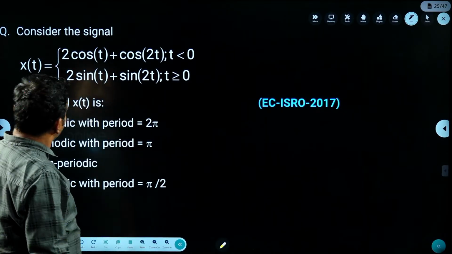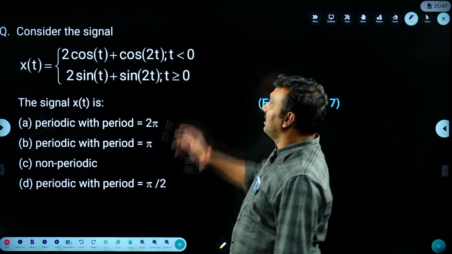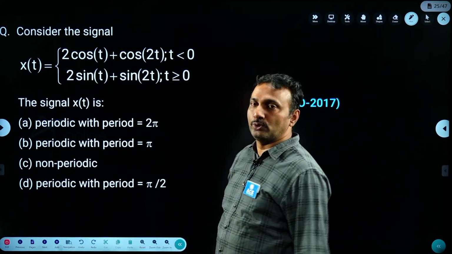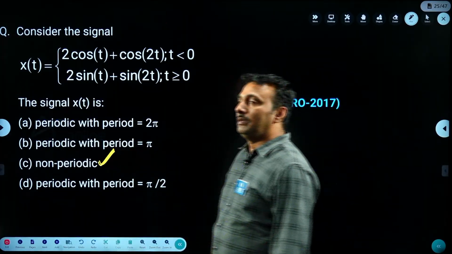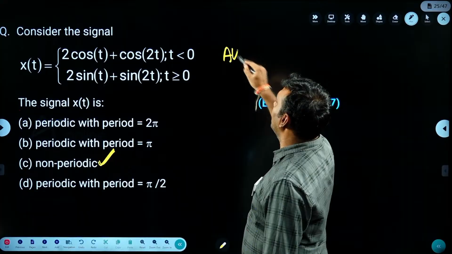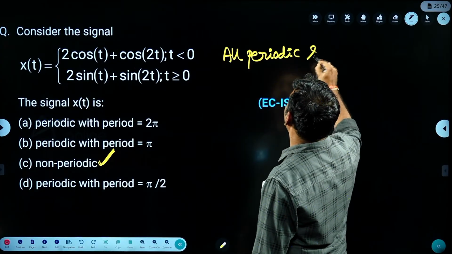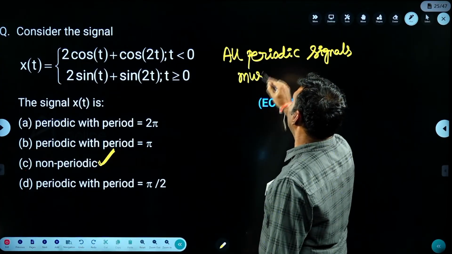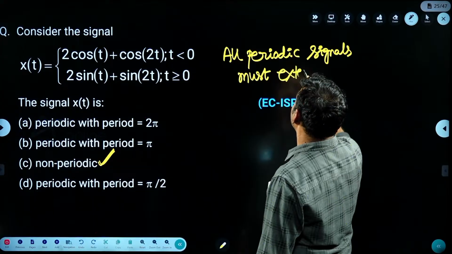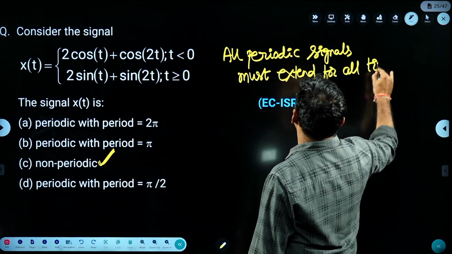Consider the signal. He has stated t less than 0, some graph, t greater than or equals to 0. The only indication there is that it is non-periodic. All periodic signals are everlasting. All periodic signals must extend from minus infinity to infinity. They have to extend for all time.